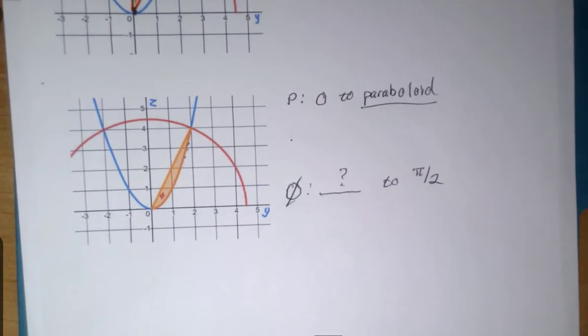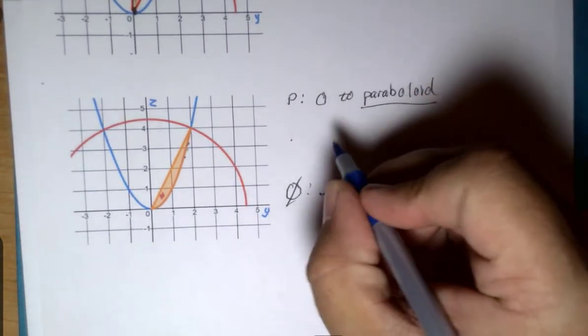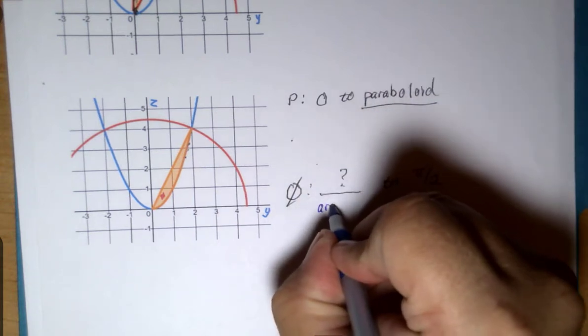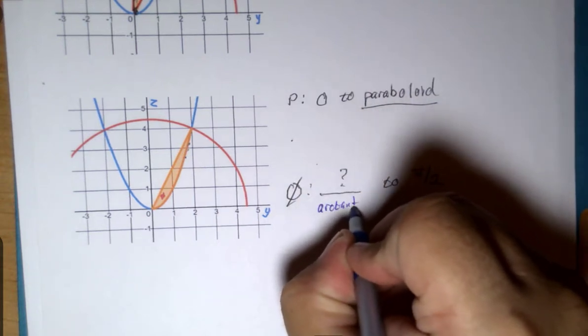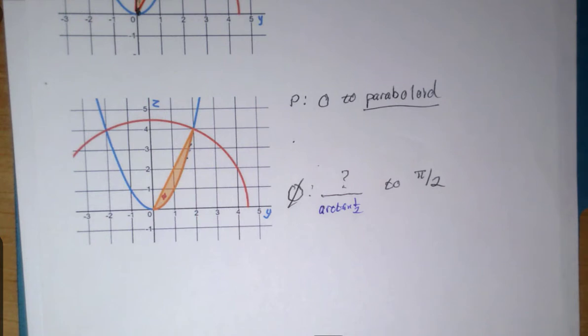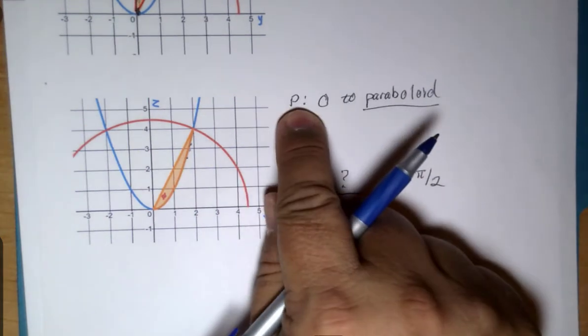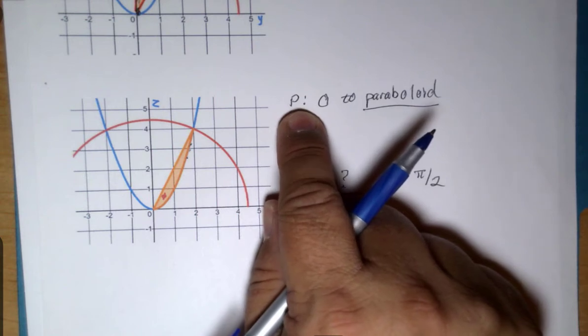I know that the angle phi begins at arc tangent 1/2 and it goes to pi over 2, but I now need to figure out what the radius rho is going to be.